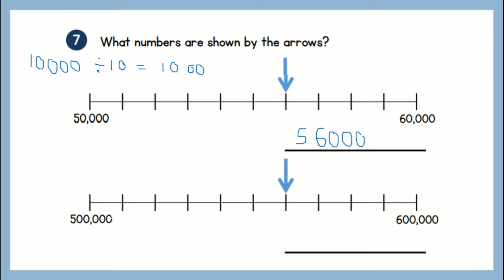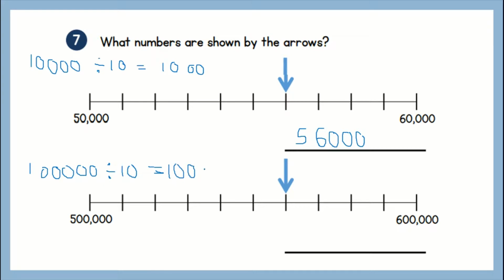Now for this one, we've got 500,000 and 600,000, so we're adding by 100,000. And there's how many lines? 1, 2, 3, 4, 5, 6, 7, 8, 9, 10. So divide by 10 would give us 10,000.